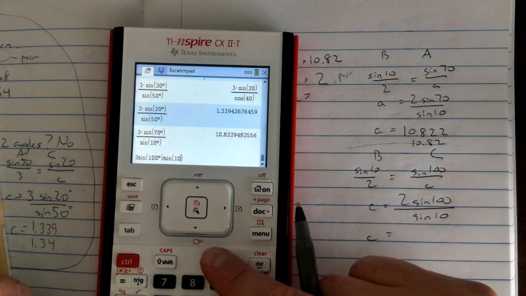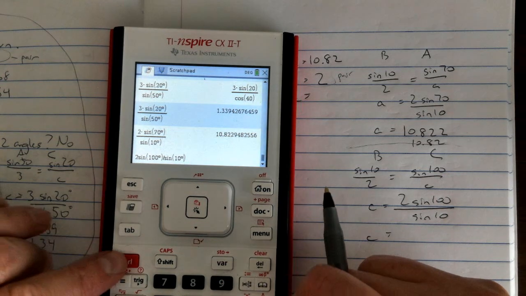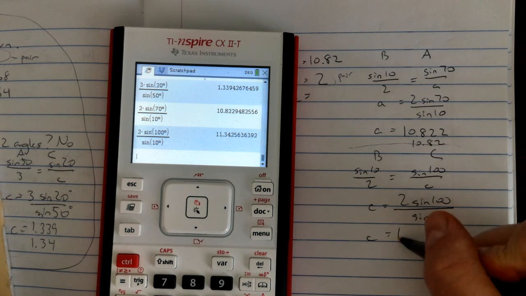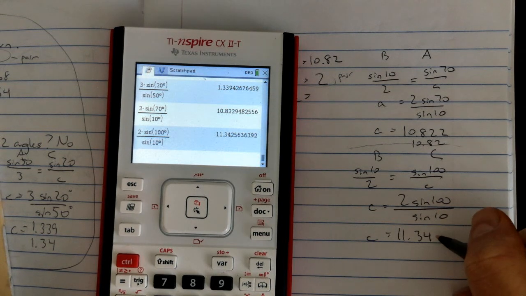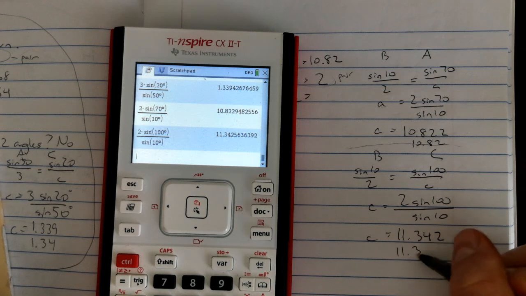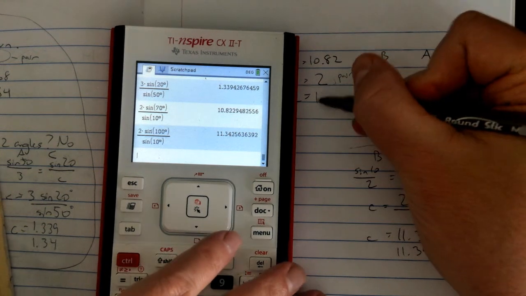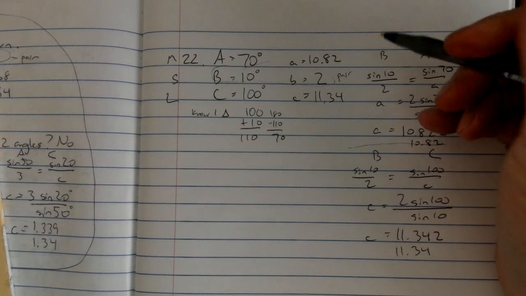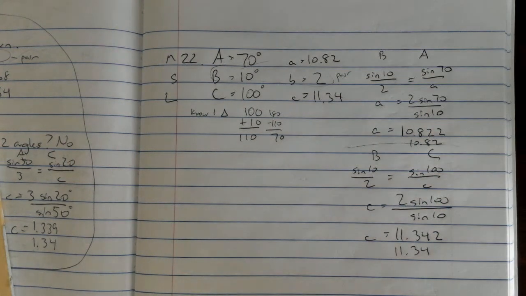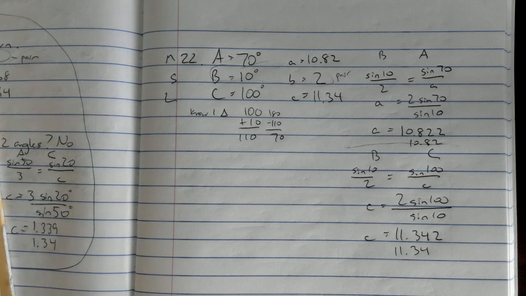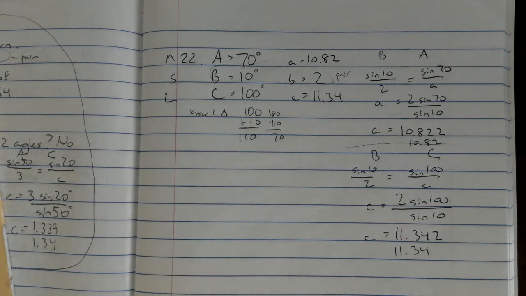Oops. Okay, so you get 11.34, and so 11.34. And so once again, this is bigger than the 10.82, so we know we did it right. Okay, so that's number 22.